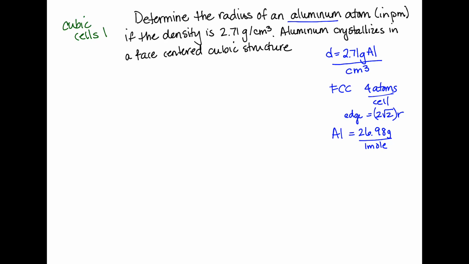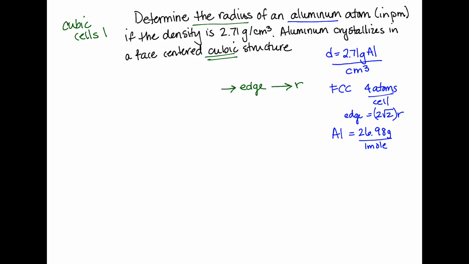Now, it might be hard to figure out where to start here. So I just want to keep our eye on the prize. What we're trying to find is the radius. And because we know this equation, if we're trying to find the radius, we can use the length of an edge to find that radius. Because it is a cubic structure, we know that all the edges of a cube are the same.